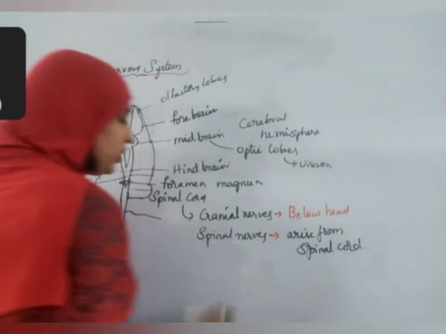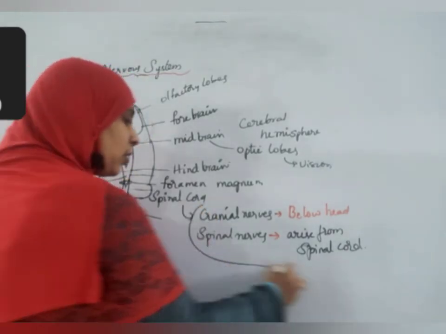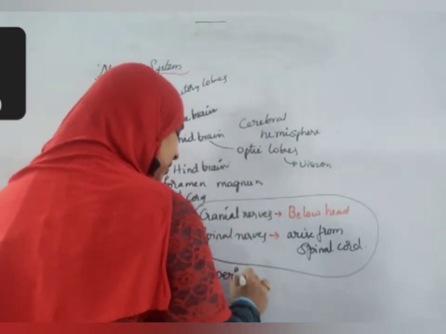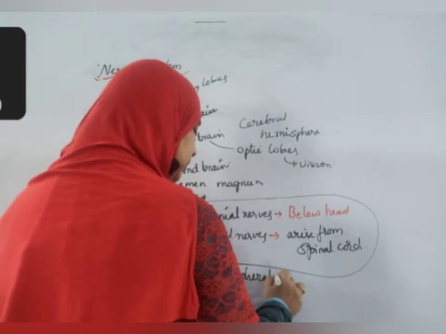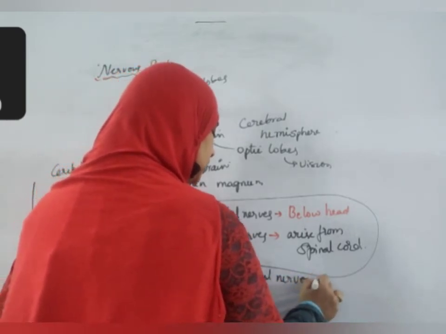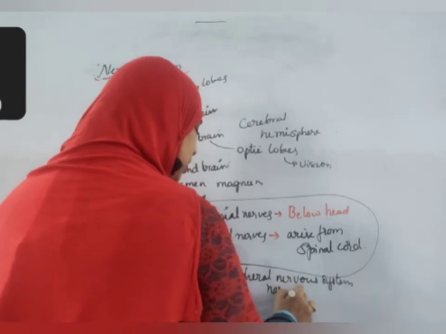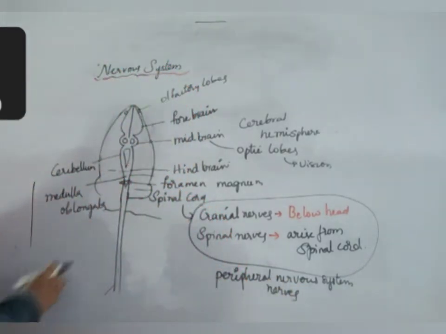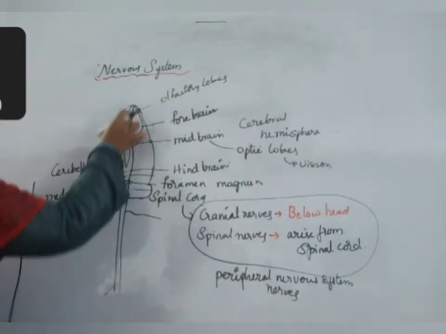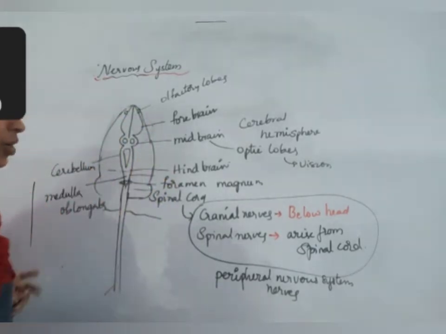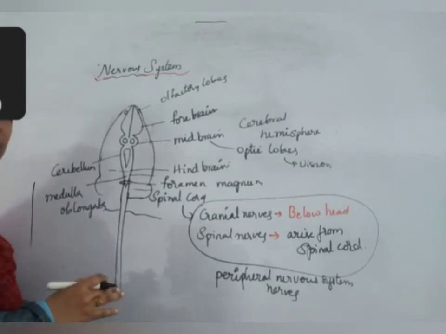Among these nerves, these all nerves are called peripheral nervous system. Peripheral nervous system means it includes all nerves, only nerves. Central nervous system is brain and spinal cord because it is present in the center of the body. All the nerves that are arising from that are peripheral. You know what is periphery?